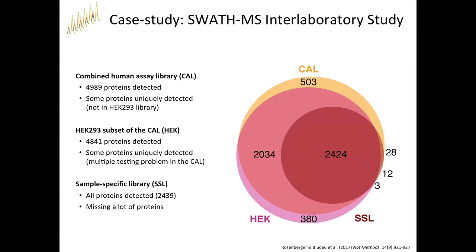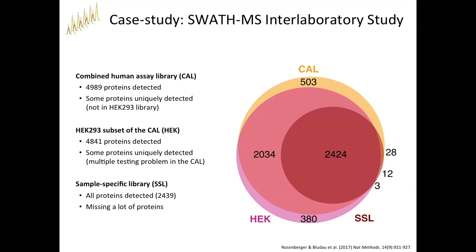And here is just to give you an idea of how many proteins and what is the overlap of the proteins that we detected with the different libraries. And you can see for the combined human assay library and the HEC293 subset of the combined human assay library, we detect a similar number, almost 5,000 proteins.